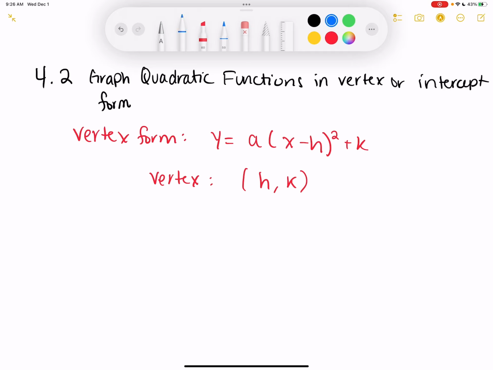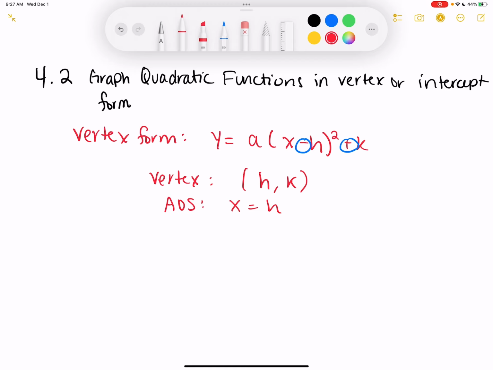And I don't know if I emphasized it in there, but these signs here matter. If that is not the sign, then you need to flip the sign when you do the vertex. And then your axis of symmetry is at x equals h, just as a refresher there.